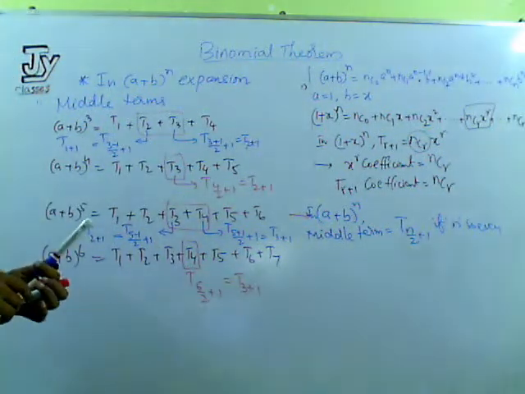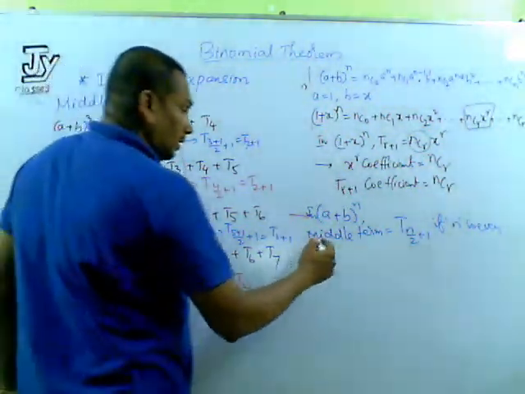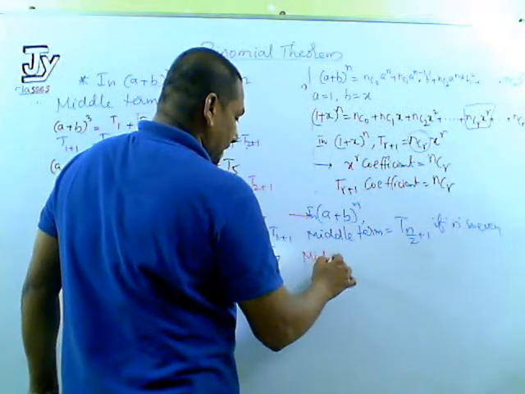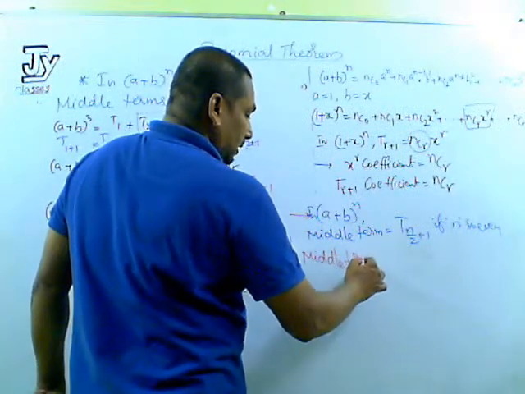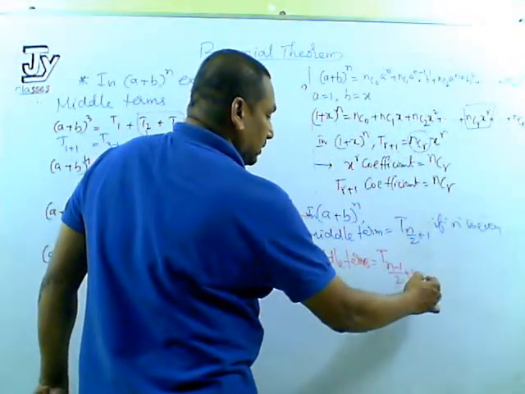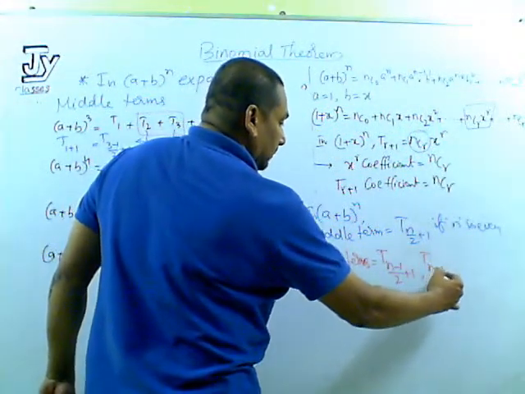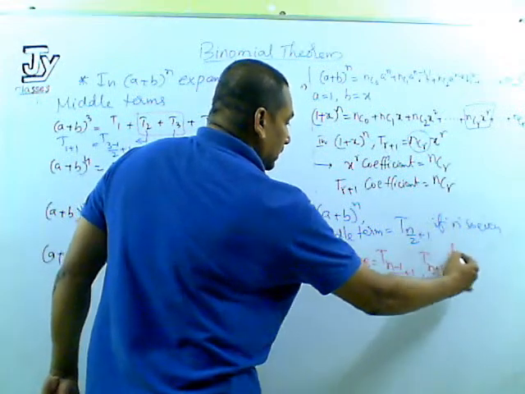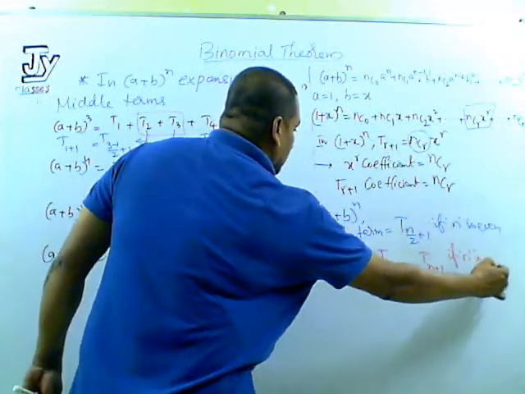Now, what about middle terms? The middle terms are T((n minus 1) by 2 plus 1) and T((n plus 1) by 2 plus 1), if n is odd.